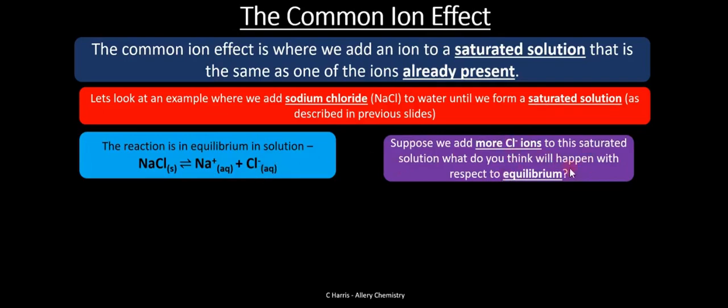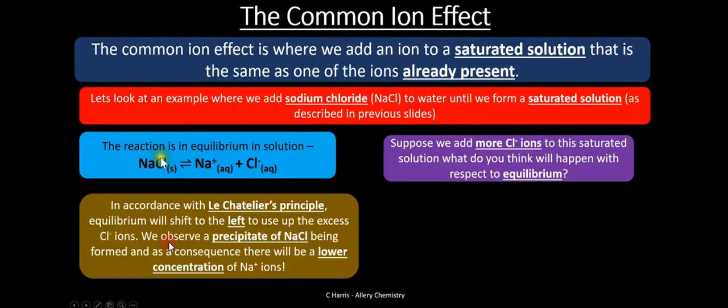What's going to happen? So you need to remember Le Chatelier's principle. So according to Le Chatelier's principle, the equilibrium will shift to the left to use up your excess chloride ions, and we observe a precipitate of sodium chloride being formed, and as a consequence there will be lower concentration of the sodium ions.